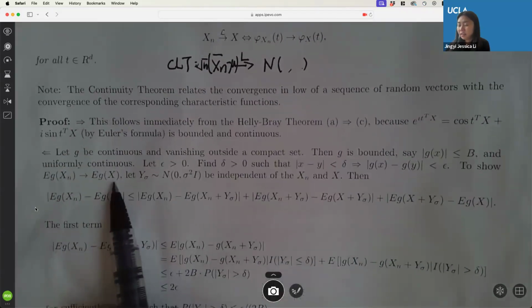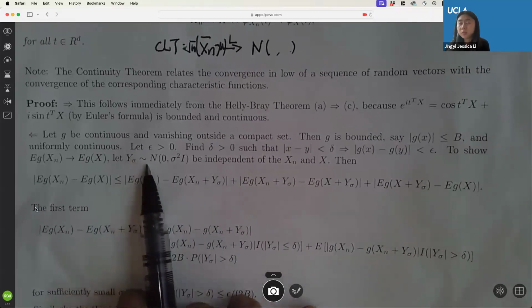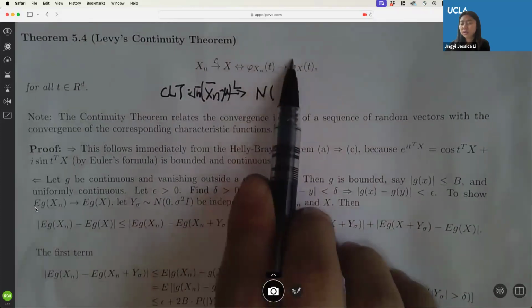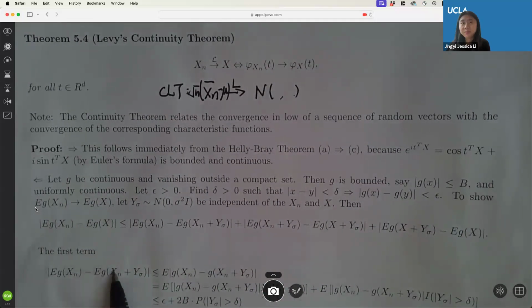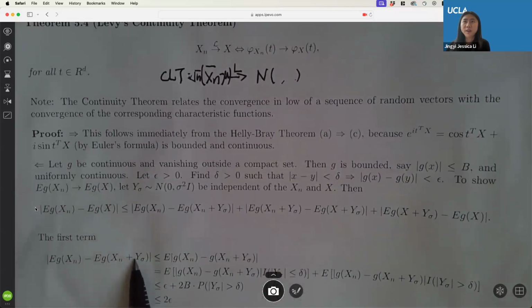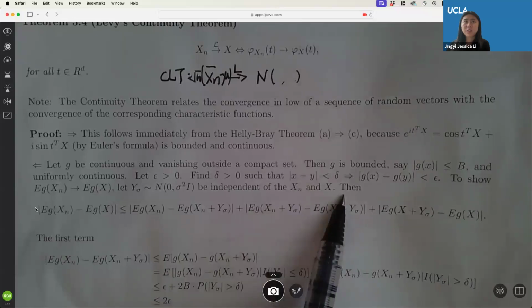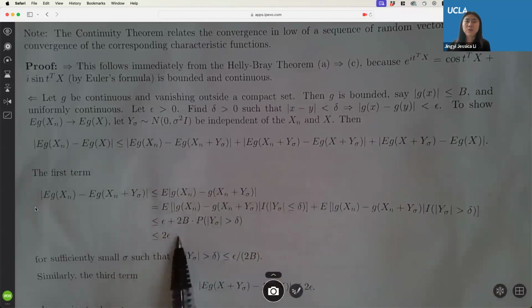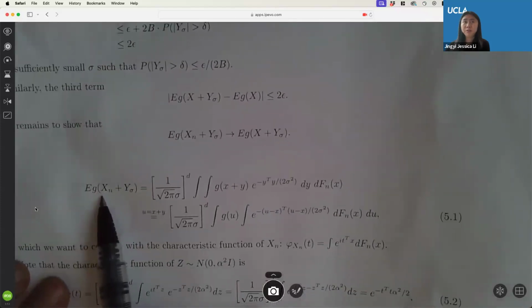The idea in this proof is also very interesting, because we want to introduce the form of the characteristic function. Using its definition, we introduce it by adding some Gaussian noise, Y sigma, which is itself Gaussian noise independent of Xn and X. Then we use those inequalities to help us go down here and expand the form.